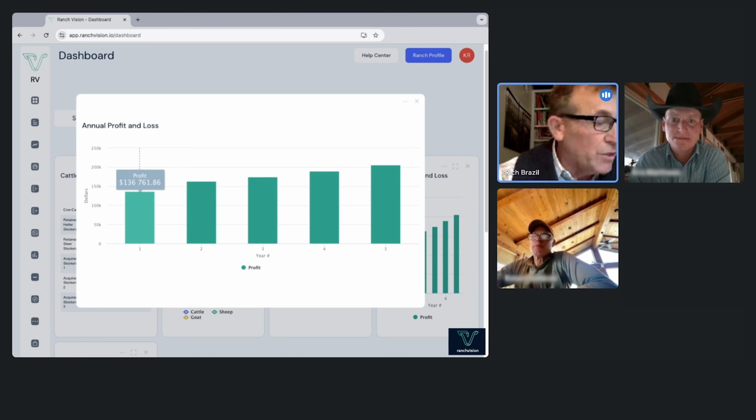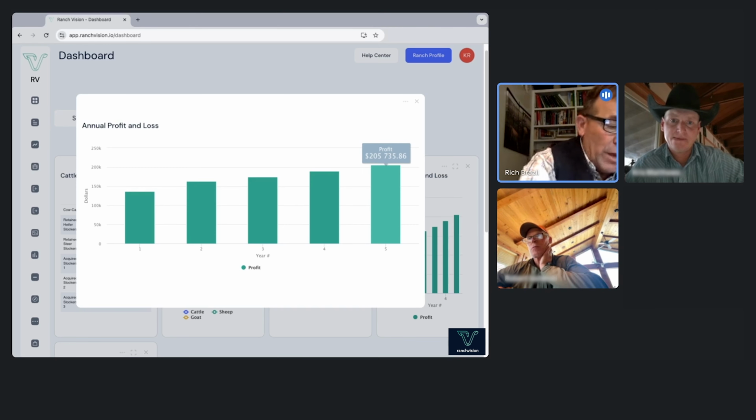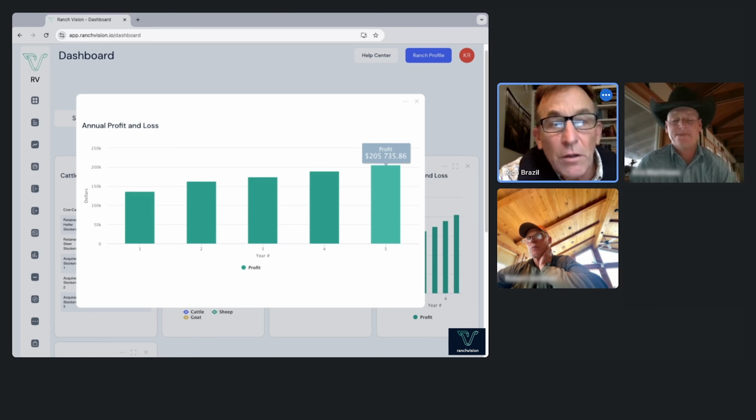And then look at the profit and loss. So again, where we started at 116,000 in year 1, which isn't really affected that much, but it's already, that jumps $20,000. Then you look at year 5, initially that year 5 profitability was 139,635, and now it's 205.